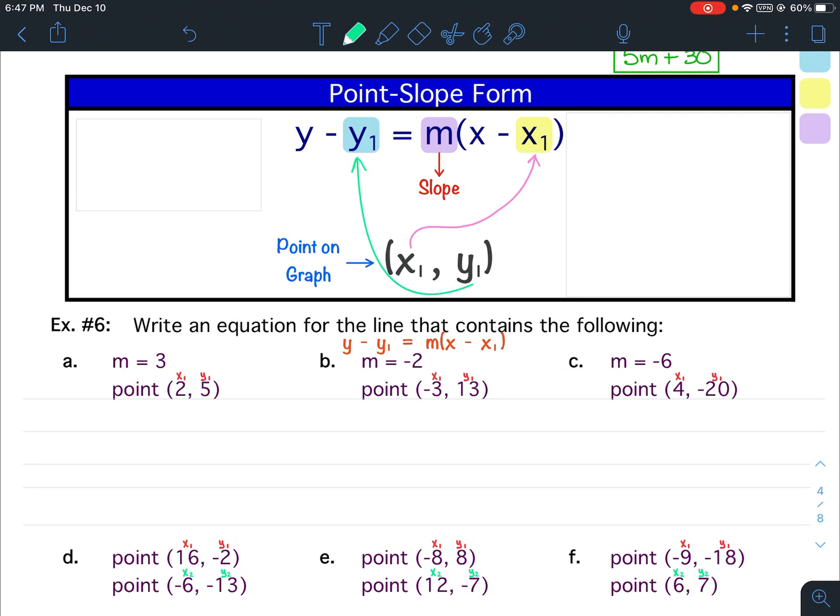And obviously the slope, whatever they tell you the slope is, that goes in for m. Now you need to be careful with this equation because it's y minus y1, x minus x1. And if you remember, we've talked about this before. Those minus signs mean you take the opposite of x1 and the opposite of y1.